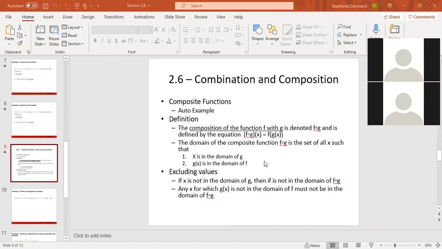Now, as far as the domain goes, it's a little bit easier to handle once we've actually created our functions. And then we'll also talk about excluding some values. So we're going to look at a couple of options here for how to do this.